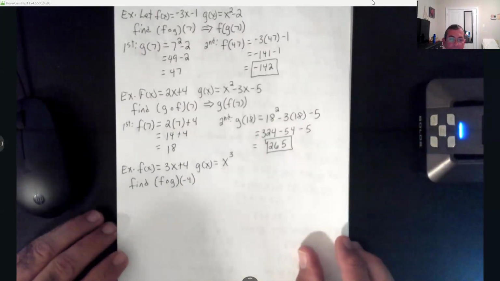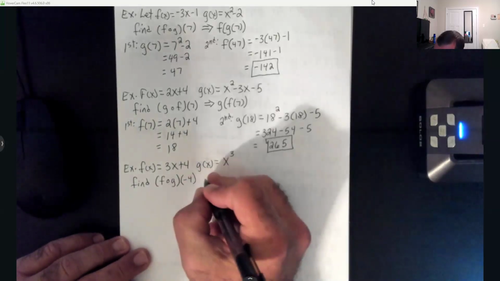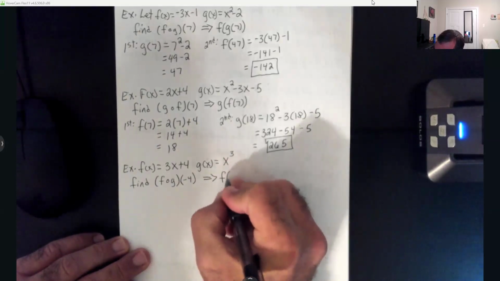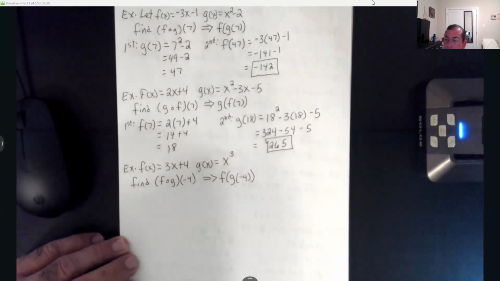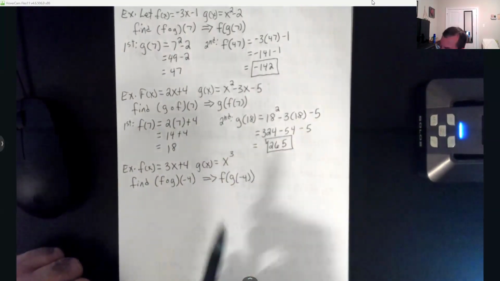All right, so I've got my two functions, looking for negative 4. So this one would be like F of G of negative 4. So we have to start with G of negative 4 first.